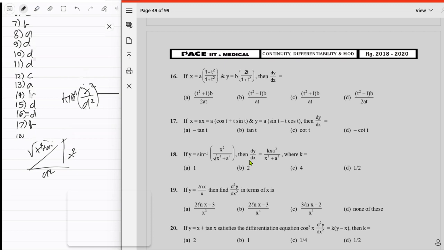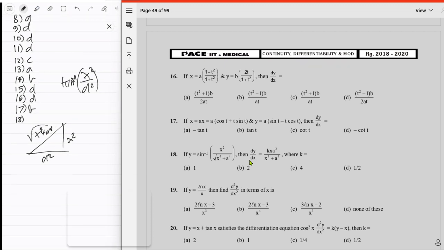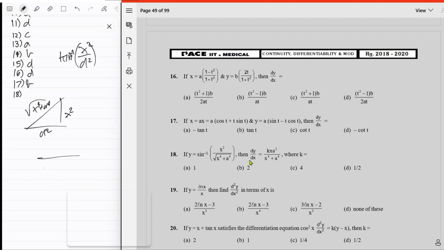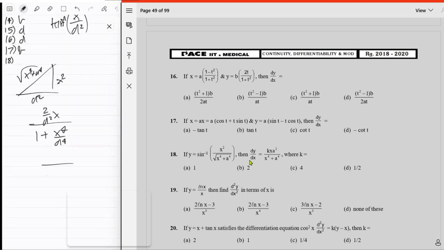Sure. So dy upon dx is what? This thing. 1 upon x power 4 plus a power 4, and then this guy just 2 upon a square times x, right? Yeah. So a power 4 plus x power 4 goes to the top, 2a square times x. That should be the thing. Which is this thing. Okay, so k is just 2. Next question.